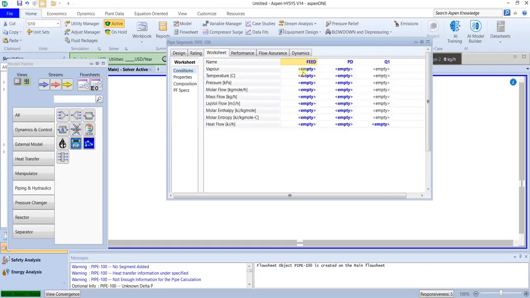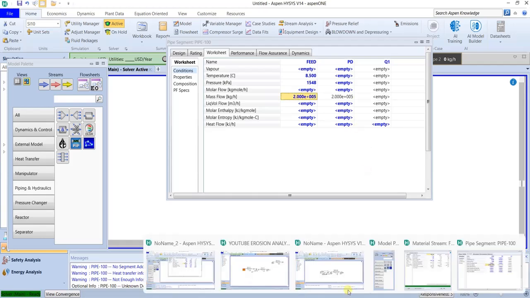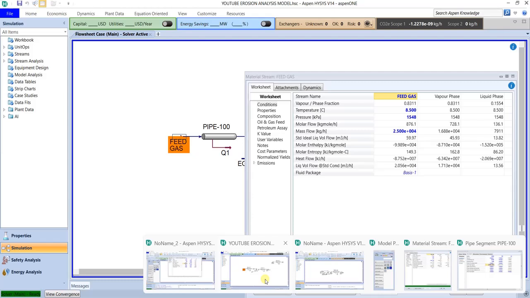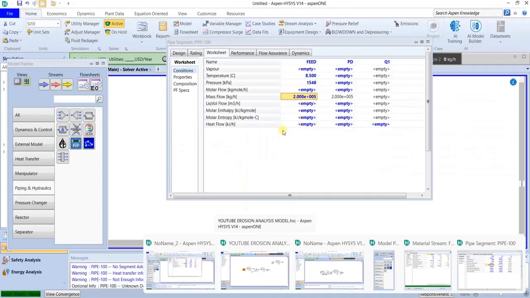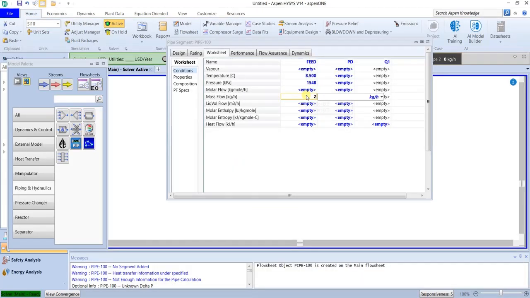So from the worksheet, we can specify temperature as 8.5. Then pressure is 1548. I think the mass flow rate is 2E5, so we are going to confirm that. Okay, it's 2.5E4. Pressure is 1548. All right, that's 2.5 e raised to power 4.